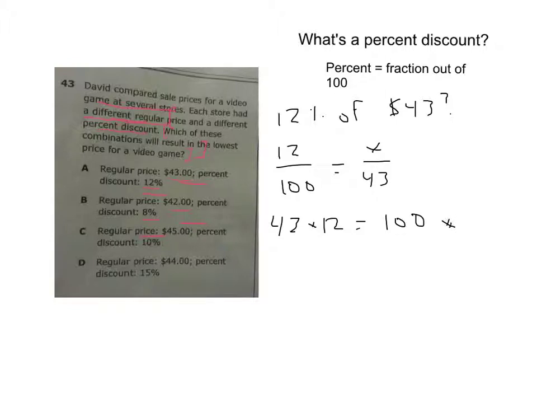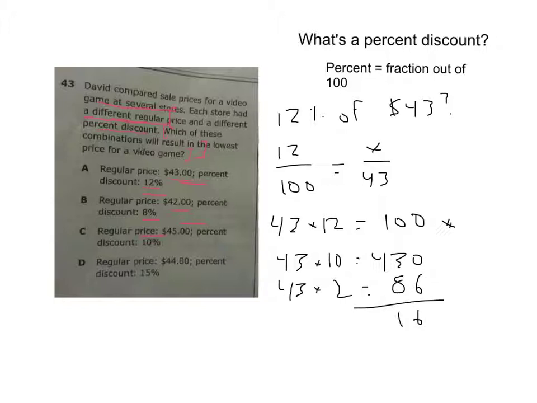I don't have a calculator, but we should be able to do that. 43 times 10 is equal to 430. And then we've got that extra 2. So 43 times 2 is equal to 86. So that equals 516.